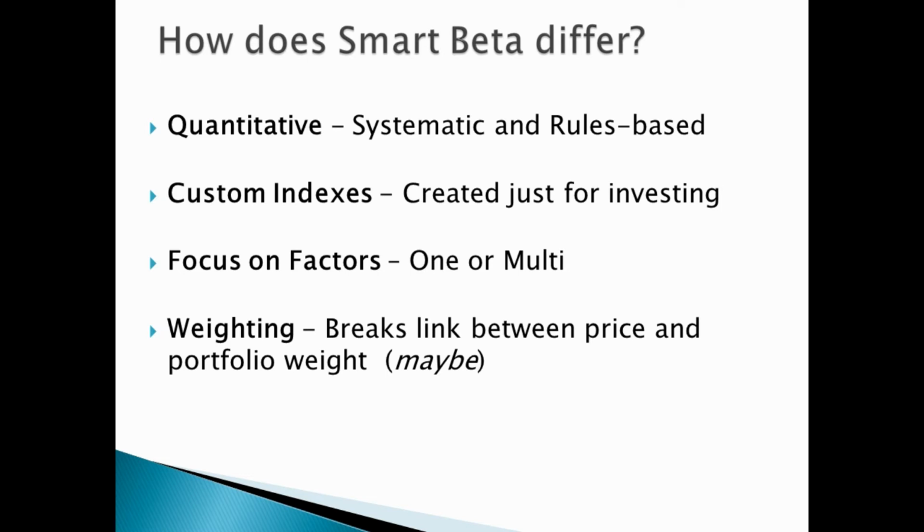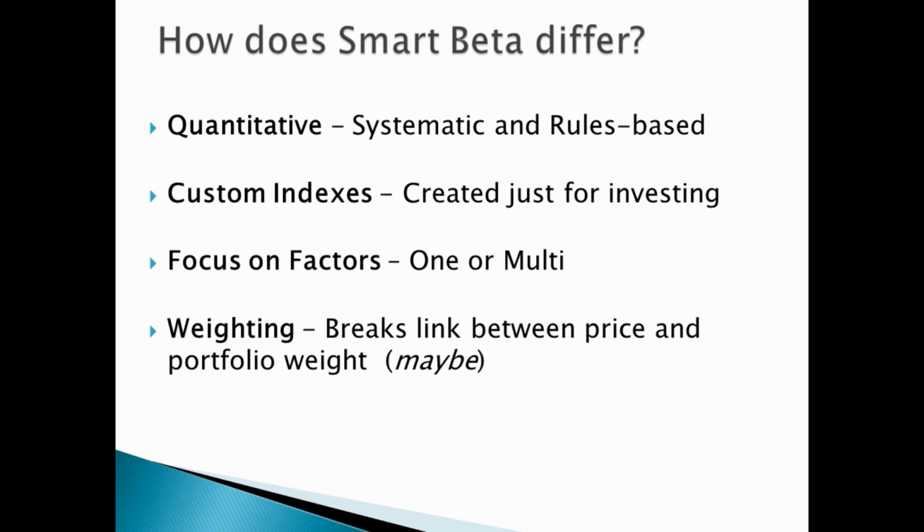It also focuses on factors. It could be a single factor like value. It could be multiple factors at the same time. And finally, weighting. It tries to break the link between price and portfolio weight. So again, take the S&P 500 again. The traditional fund there has not broken that link.